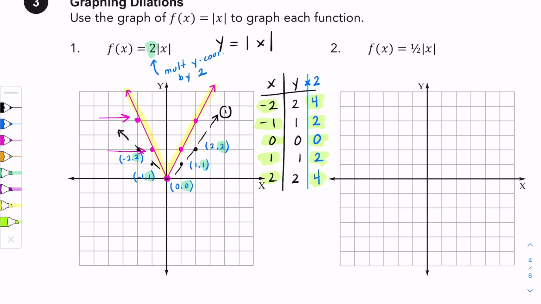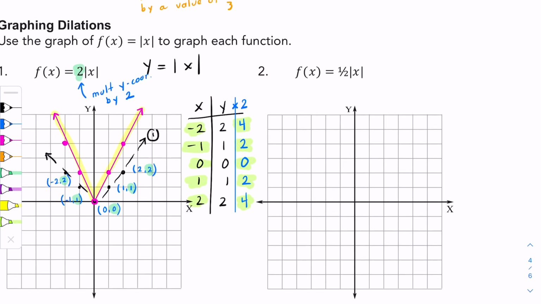So based on our table of values, we're going to end up with the same answer that we graphed in pink. Completely up to you whether you want to perform those operations right on the graph or if you want to make this table off to the side. It's up to you.